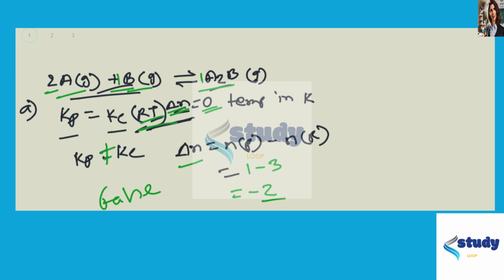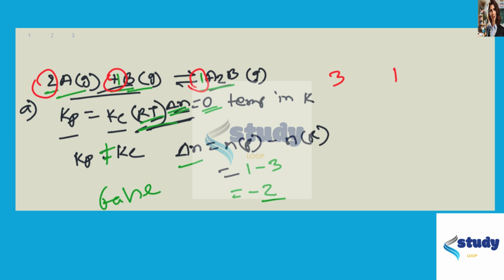To adjust to the change in pressure, the equilibrium will move in a way that minimizes the increase in pressure or decrease in volume. Again here we can see that 2 plus 1, total 3 reactant moles, are reacting to produce one mole of the product. That means on the reactant side we have 3 molecules, and on the product side we have one molecule.